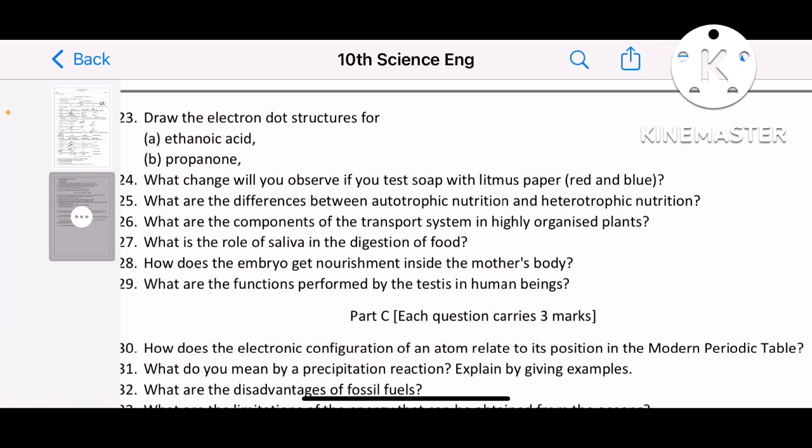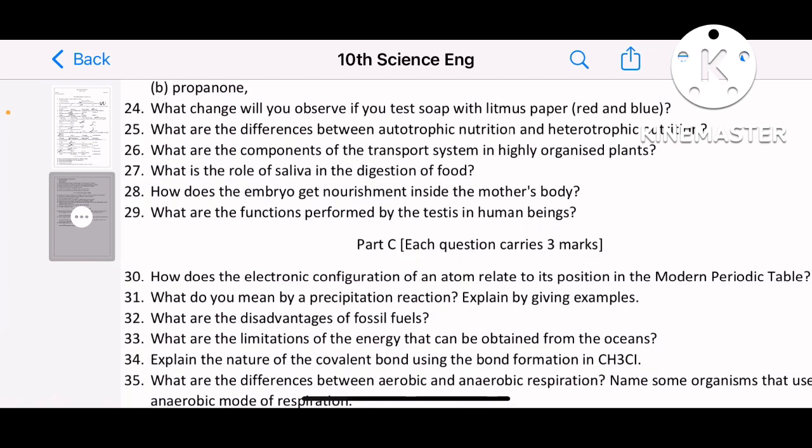Next, question number 25. What are the differences between autotrophic nutrition and heterotrophic nutrition? Here you have to differentiate between the two. So we will write the points side by side. Autotrophic nutrition, first point, it occurs in green plants and blue-green algae, whereas heterotrophic nutrition occurs in animals and insectivorous plants.